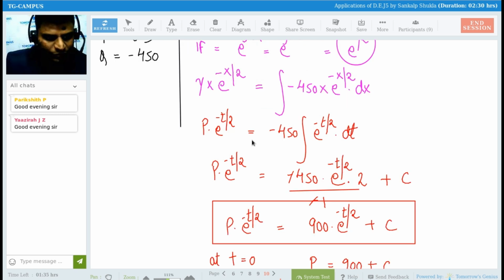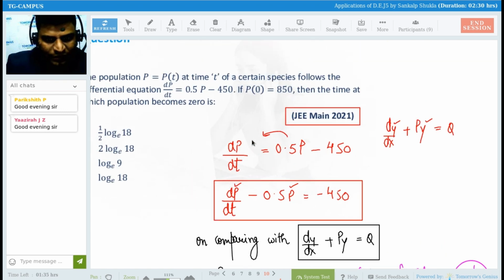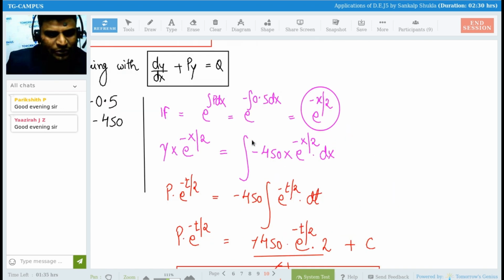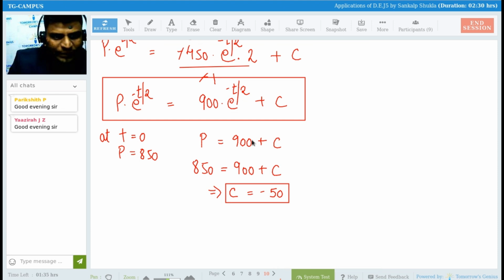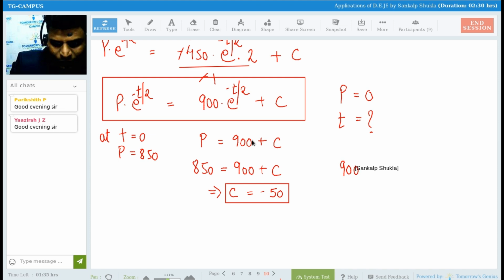Now what is the question asking? The time at which population becomes 0. So you have to put the value of p to be 0 and find the value of t. So this term will be entirely 0. That means 900 into e raised to the power minus t by 2 plus c will be 0.